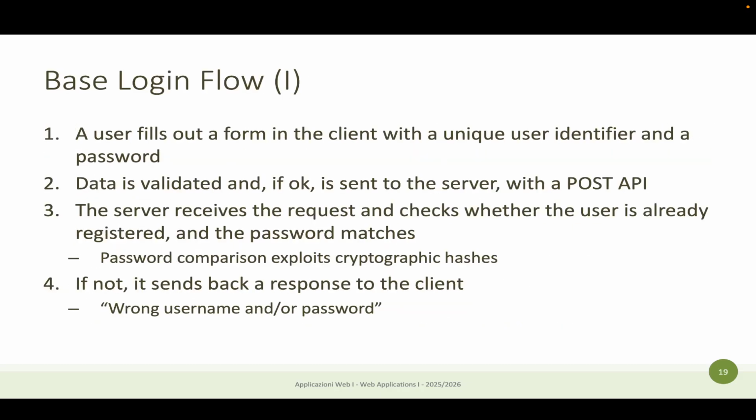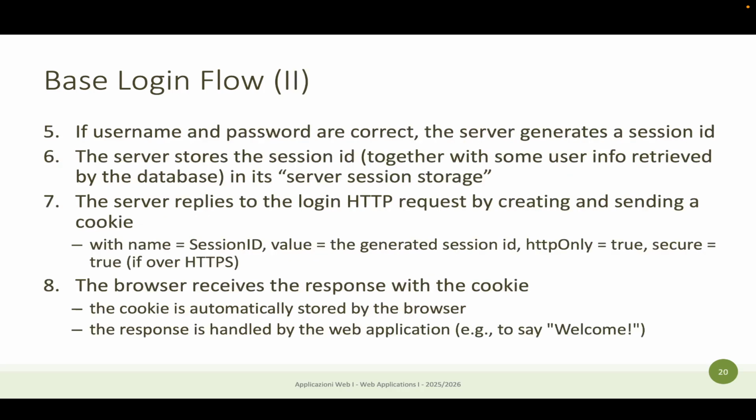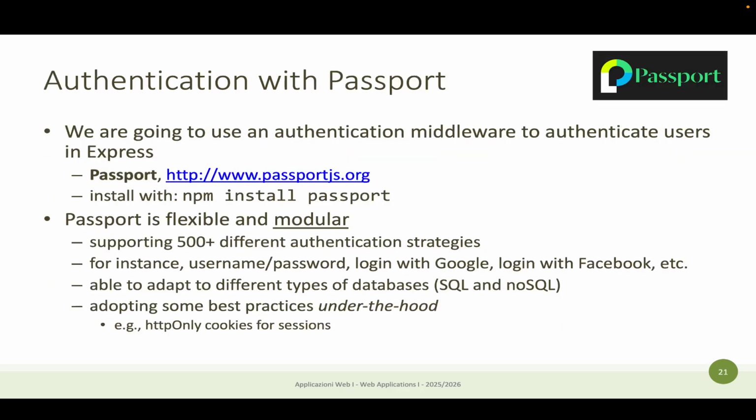Basically, this is more an advice than anything else. If you are not a security expert, do not implement the code by yourself. There are a lot of libraries. In this course, we will use Passport to implement the authentication. Passport is a quite flexible library, but very badly documented.